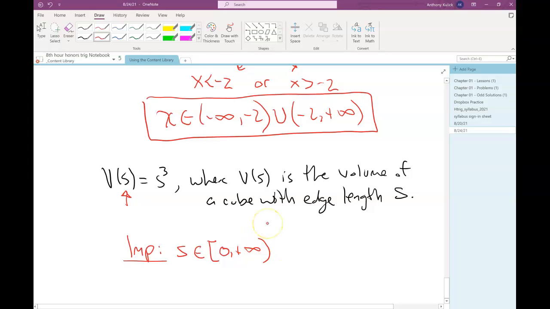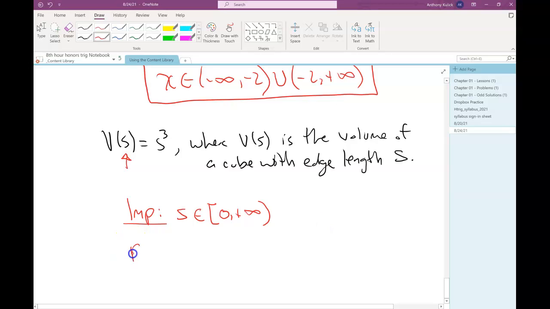For the sake of picking one, I'm going to pick to include 0. But here's one where the implied domain you came up with just from the context. Use a little bit of common sense and, oh, the edge lengths of cubes can't be negative. And whether you want to include 0 or not, I wouldn't mark it wrong either way. Everybody's okay with that?